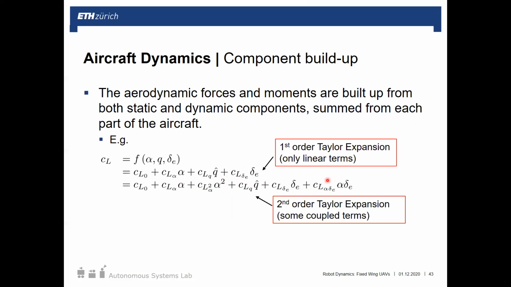Maybe we have some coupled terms, cross terms here, like angle of attack and elevator. Beyond this, just note all this nomenclature here with the lift coefficient and a subscript. The subscript just refers to the state with respect to which we're taking the differential of this coefficient. So that's nomenclature.